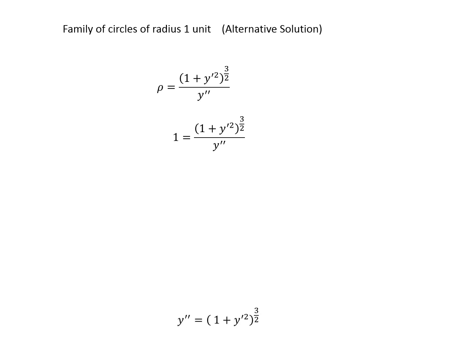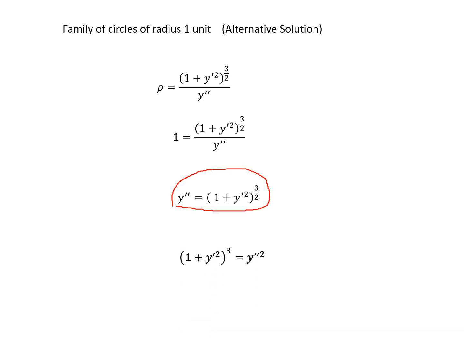Just transfer y double prime there and we have our final answer. This is the one that we had in our past solution. Or of course you can raise it to the second power, and then 1 plus y prime squared is y double prime squared.